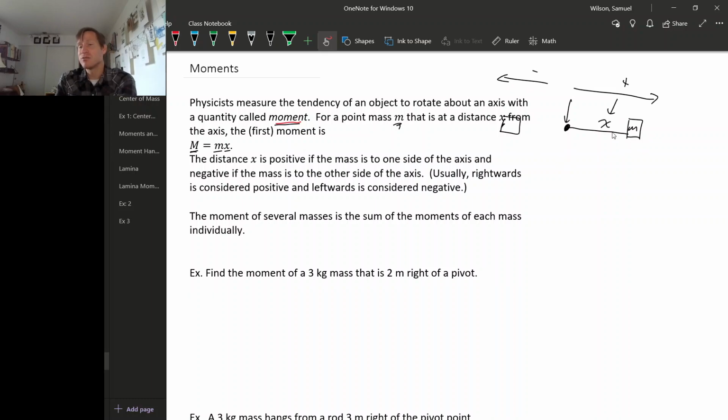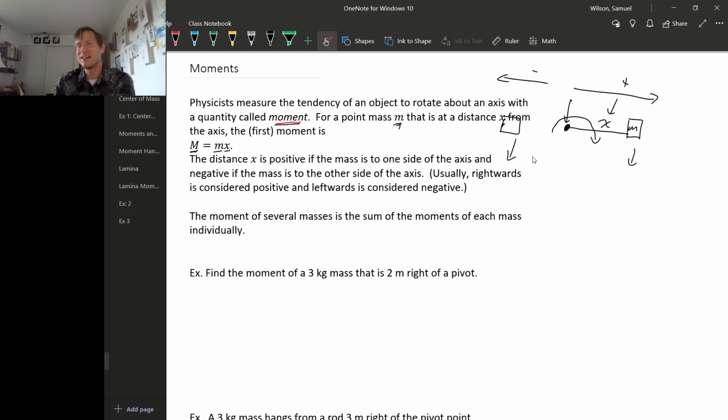If you have a mass on the right-hand side, that's going to want to rotate this way, so downwards on the right-hand side. So a positive moment will want to rotate that way, and a negative moment will want to rotate the other way, so it will want to pull down the left-hand side.